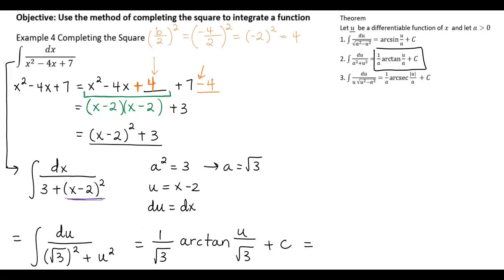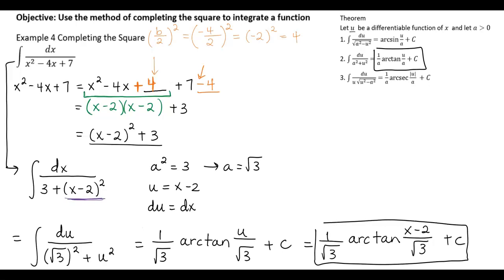And the last thing I will do is sub back in what u is. So we have 1 over the square root of 3 multiplied by arctangent of u, which is x minus 2, divided by the square root of 3, and we have our plus c on the end.